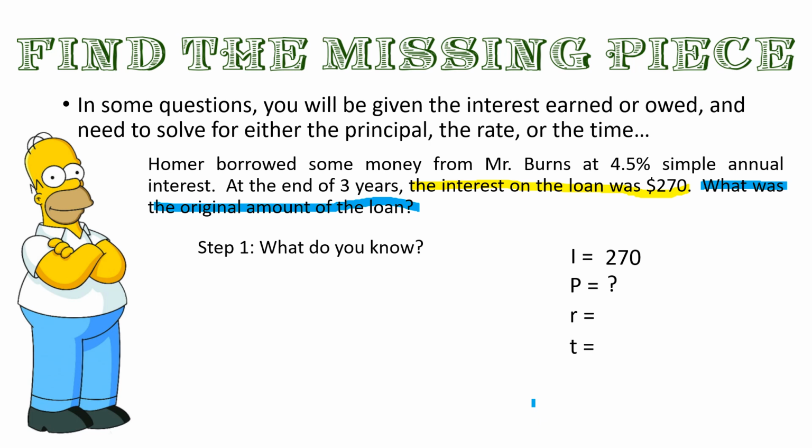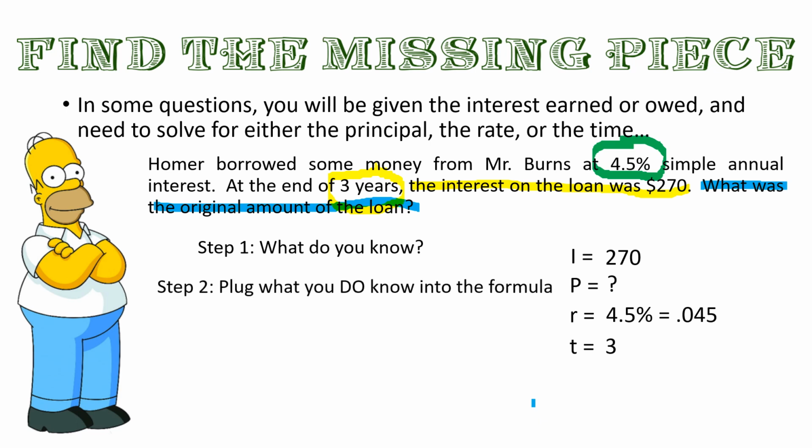If you go back to the question, remember that's always going to be as a percent. And I can see right here, 4.5% is going to be my rate. And remember that that needs to be turned into a decimal. So my R is going to be represented with 0.045. And then let's see if we can find the time. Going back to the question, yes, I can see that we're talking about 3 years. So the T equals 3.